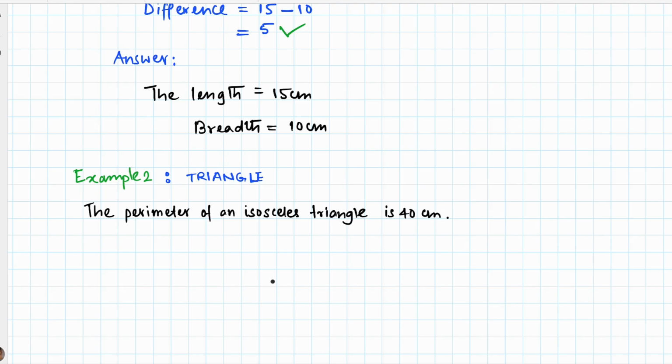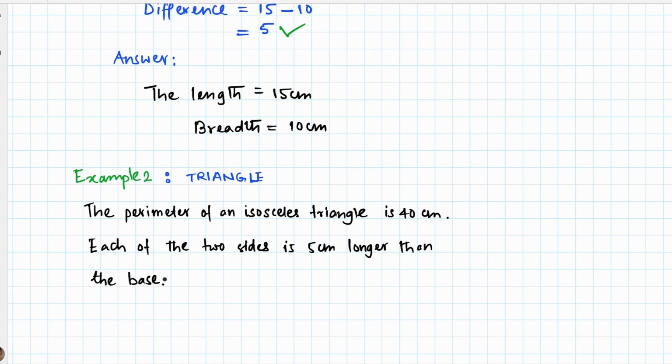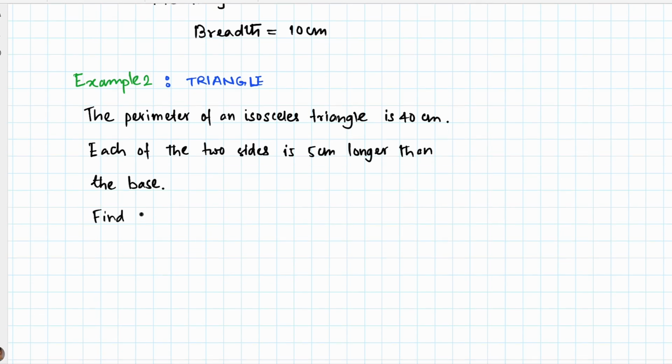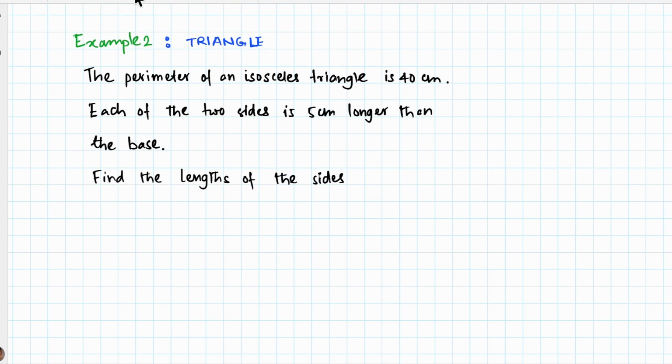So we know a triangle has 3 sides, so the sum of these 3 sides is 40 centimeter. Now each of the 2 sides is 5 centimeter longer than the base of the triangle. Now find the lengths of the sides of the triangle.